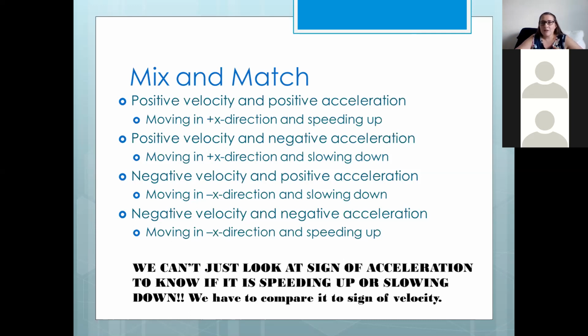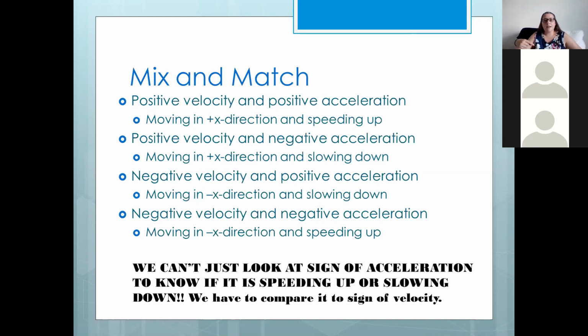It's a little bit weirder to visualize what's happening when we're thinking about negative velocity again. So let's take a look. Negative velocity and positive acceleration means that you're moving in the negative x direction, but you're slowing down. And it seems weird to think that you have a positive acceleration, but you're slowing down. But remember, acceleration is a vector. The direction corresponds with the sign.